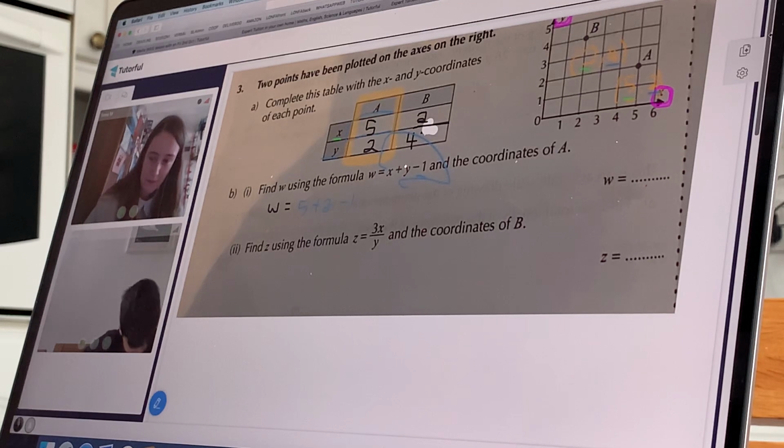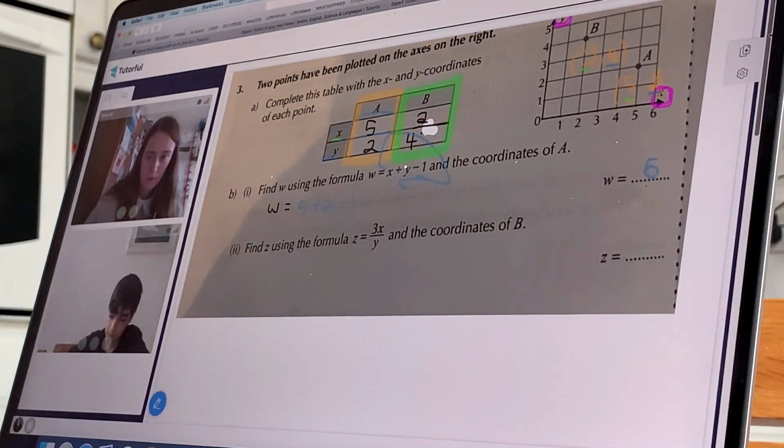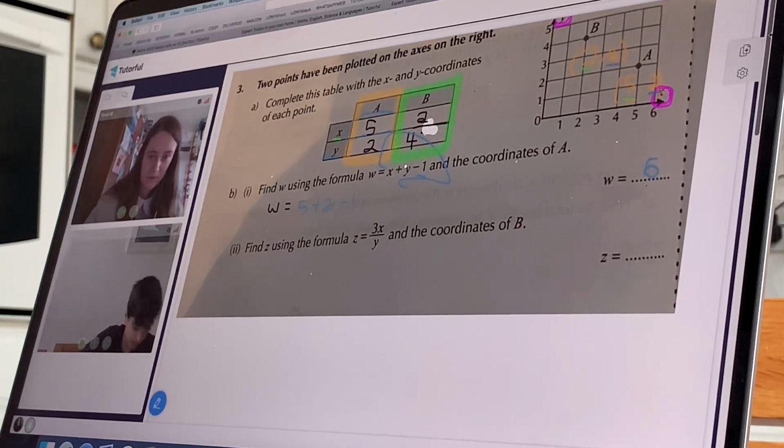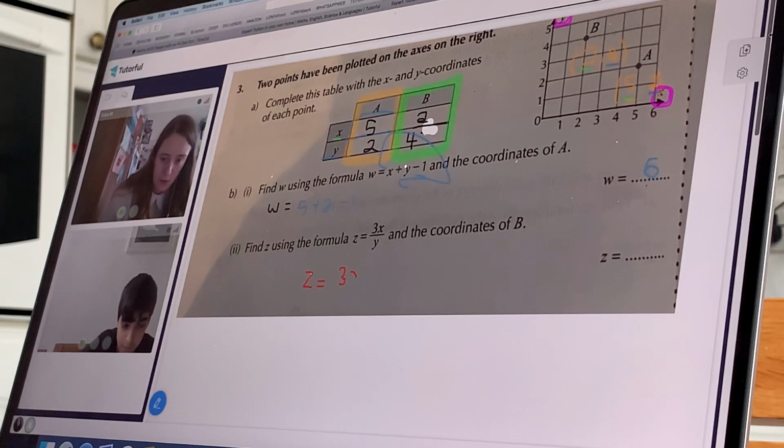Find Z using the formula Z equals 3x divided by y and the coordinates of B. B is 2 and 4. Like you said, we've got 3 times the x value, which is 2, because it's this one.